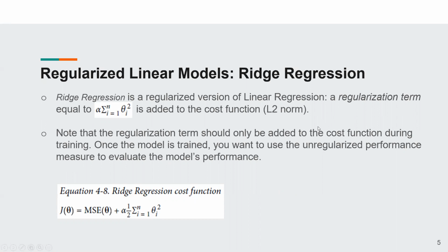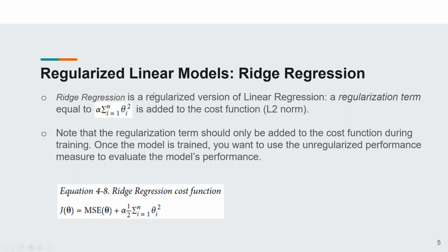That's the L2 form. As a result, the objective function now becomes MSE of theta plus alpha times a half of the summation of theta i squared. This half is just another constant that you can use.